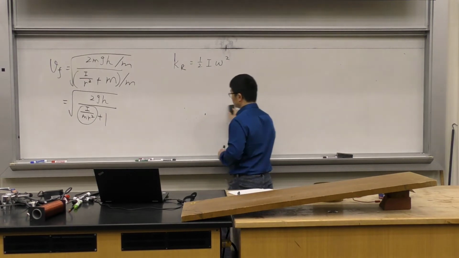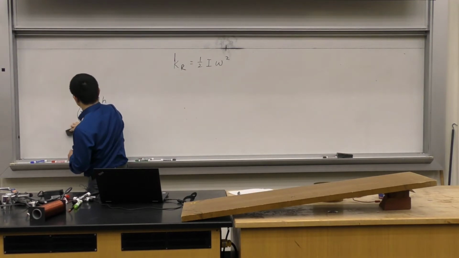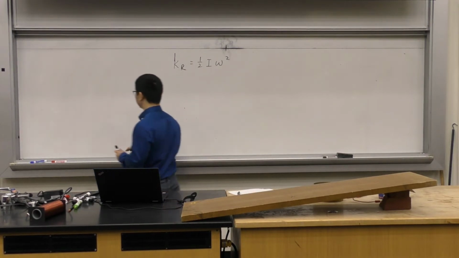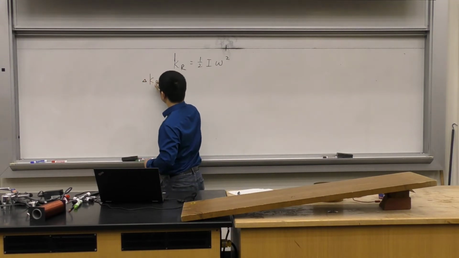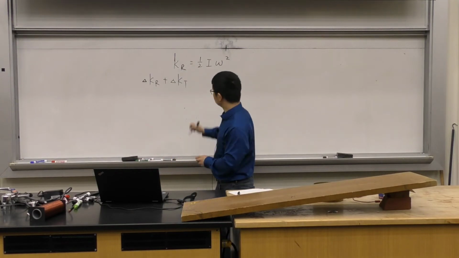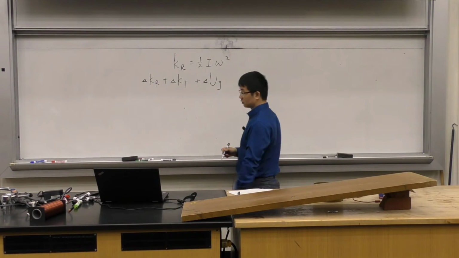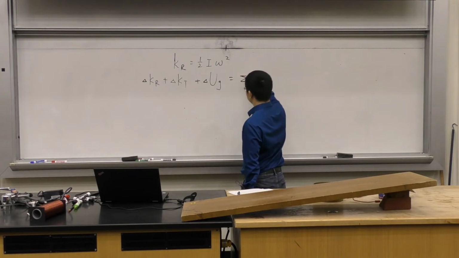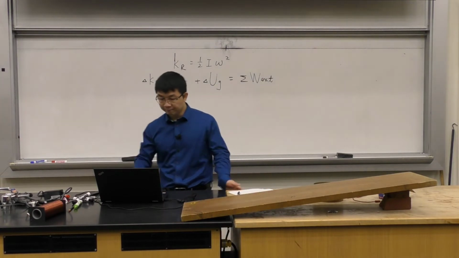Now let's set up conservation of energy. And when you set up conservation, it's the same way, right? You always set it up the same way. Changing rotational kinetic energy, changing translational kinetic energy, changing gravitational potential energy, and there's no elastic potential energy here, equals external work. Okay?